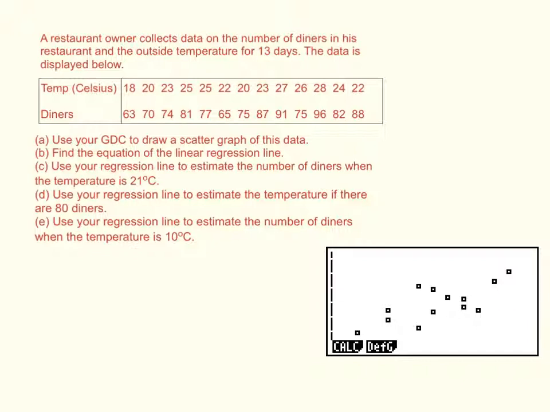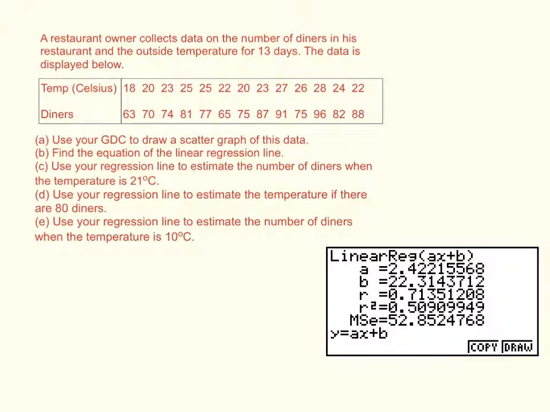Now we're asked to find the equation of the linear regression line, so we're going to press down here, and that will bring us to this menu here, and then we're after a linear line. So if we want a linear line we need to press on X to get a linear, and finally we're going to choose AX plus B as the option for the line, and when we hit AX plus B we get this here.